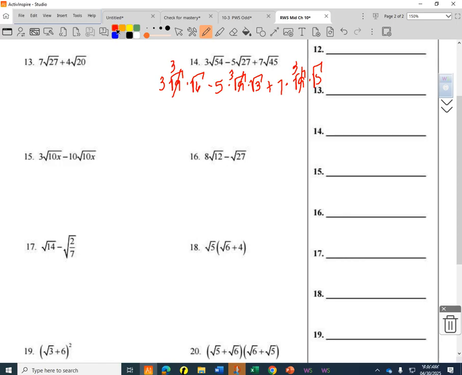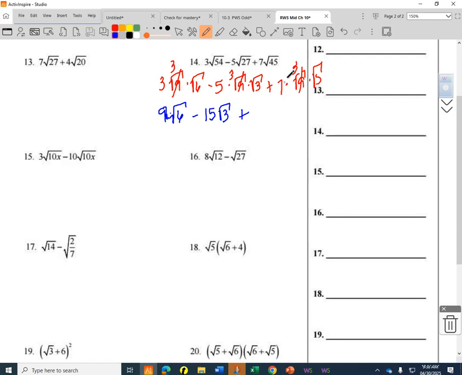So now to simplify, we need to go back and multiply all the coefficients. So 3 times 3 is 9. 9 square root of 6. Minus 5 times 3 is 15. 15 square root of 3.